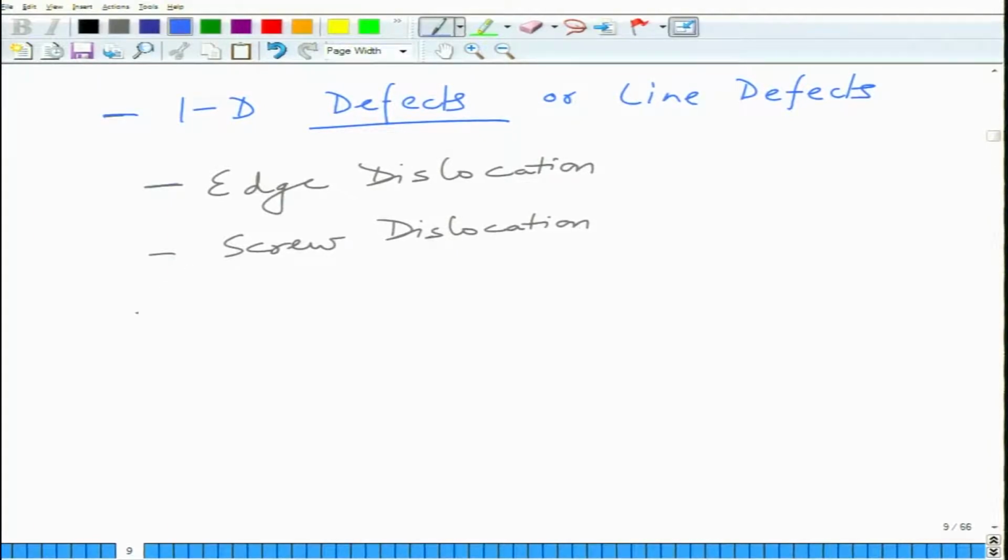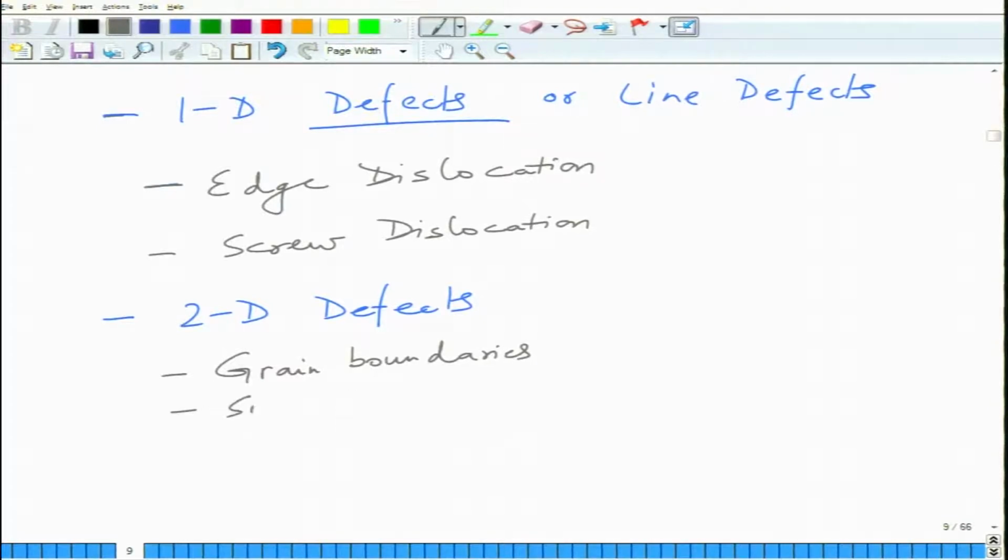And the third category of defects is called 2D defects, which are called surface defects. Okay. And here we talk of defects such as grain boundaries, in general surfaces, because they have dangling bonds, that is why they are also defects.